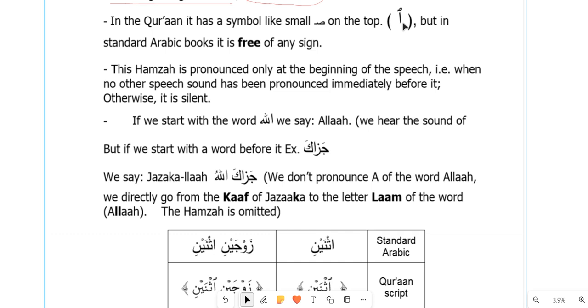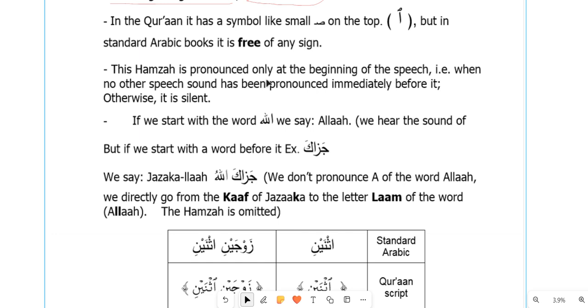And in standard Arabic, it does not have any sad written over it. So this half sad written above the alif tells you, instead of hamza coming, there is a sad to tell you that it is the hamzatul wasl, the connecting hamza. But in standard Arabic, it is free of any sign. So the Osmani script is much easier to read.